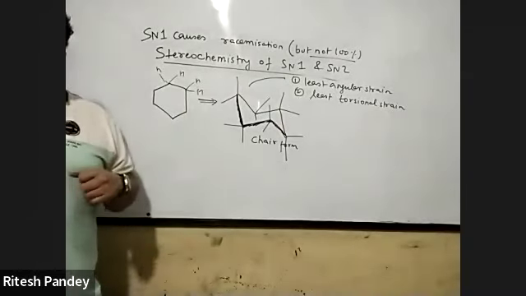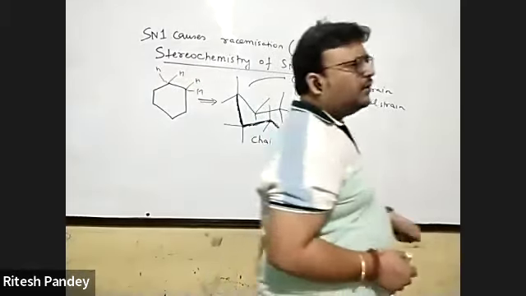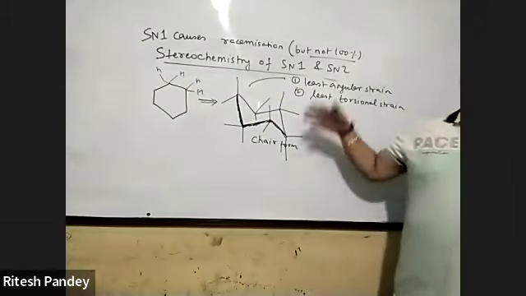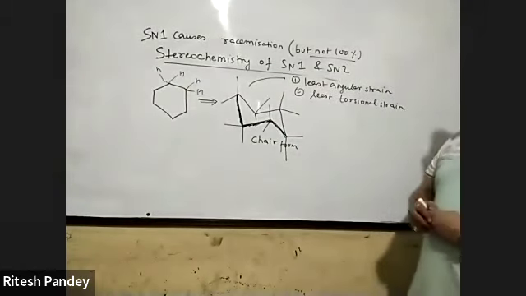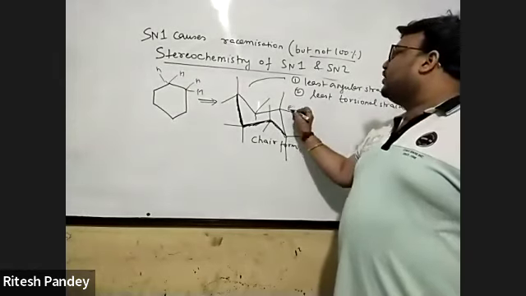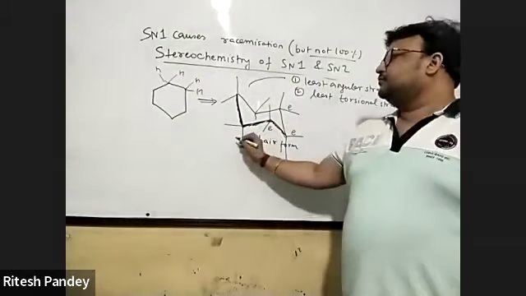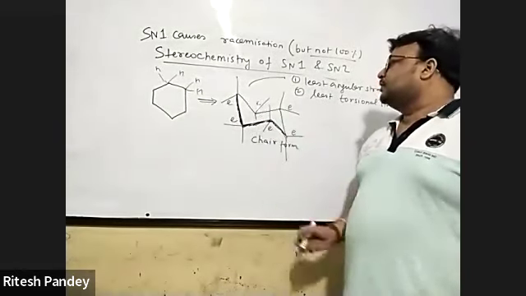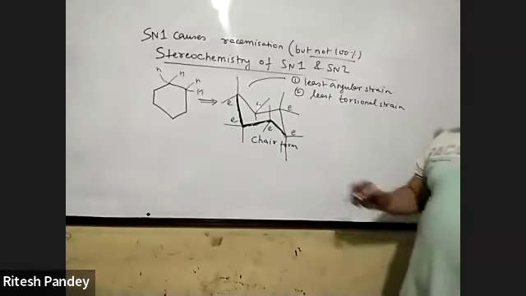All right. And even if you don't dig that deep, let me tell you, if there is an average plane to this non-planar structure, all the bonds which are on that plane are called equatorial. And the ones which are perpendicular to that plane are called axial.